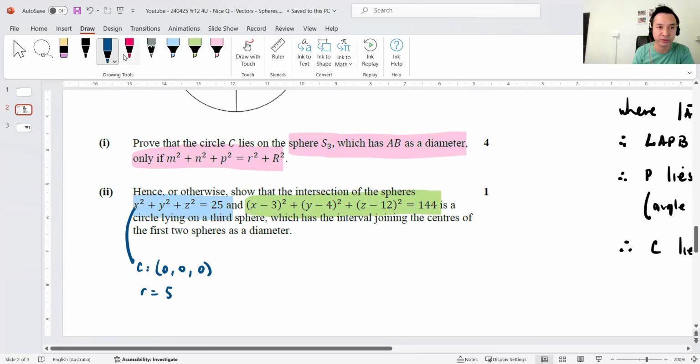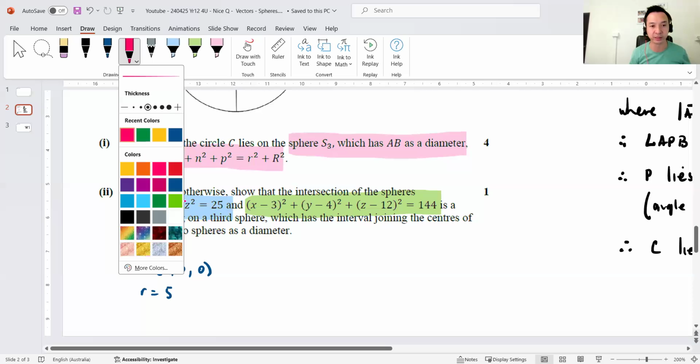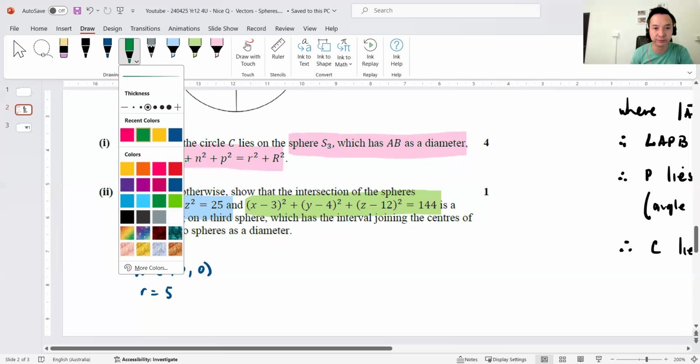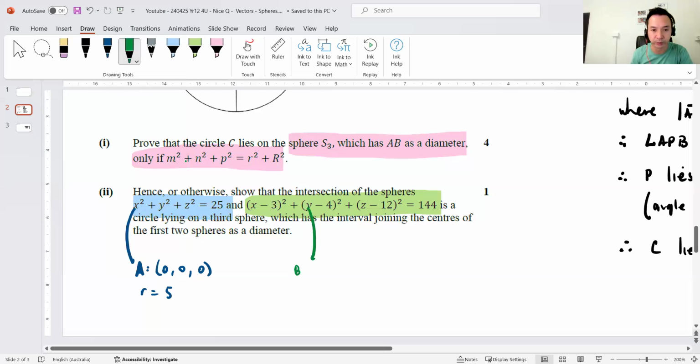Now using the same notation, I'll call this guy, just like I did up above, coordinate A. And then for the green, it presents itself as coordinate B as center 3, 4, 12, and the capital R is radius of 12.